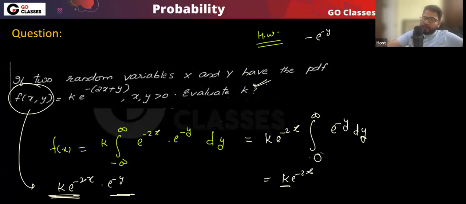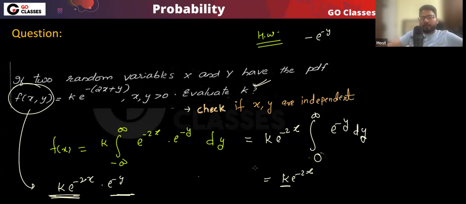We evaluated k, and we also checked if x and y are independent. Understood? Okay.